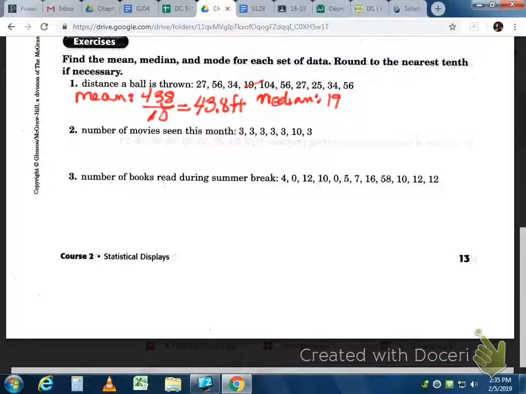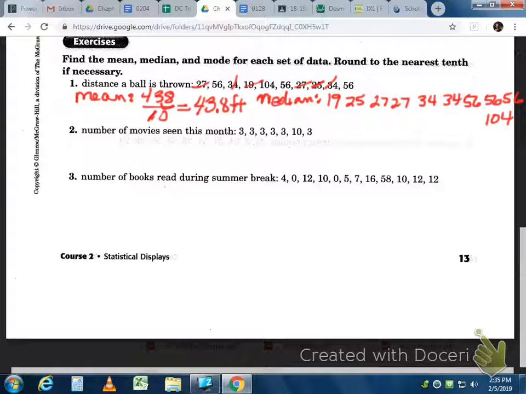And then next it would be 25, 27, 2 27s, 34, 2 34s, 56, 56, 56, and also a 104. I might run out of space. So I think I got them all.